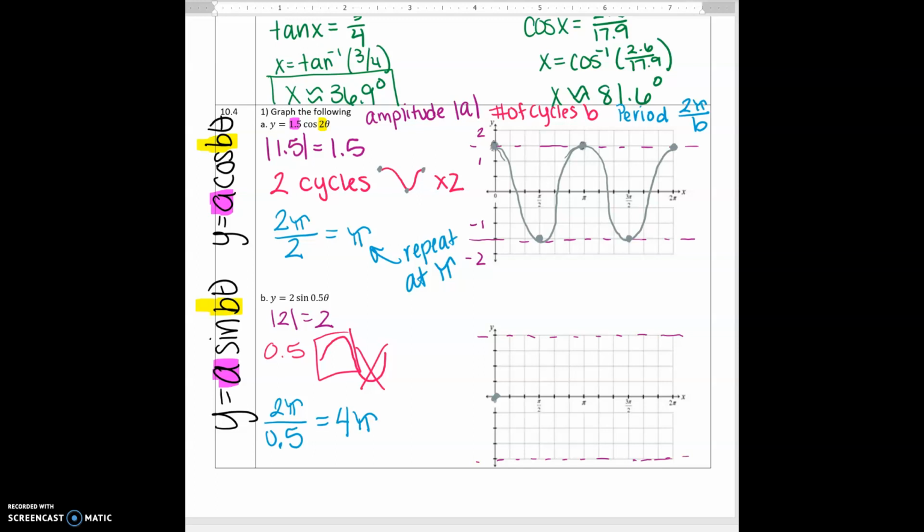And if it repeats at 4 pi, that means that it's back at 0 halfway through that, which is 2 pi. Directly in between these 2 points that we just made is our highest point, which we said is at 2. So it's going to be here. And then we're just going to go ahead and draw the curve. And that one is done.